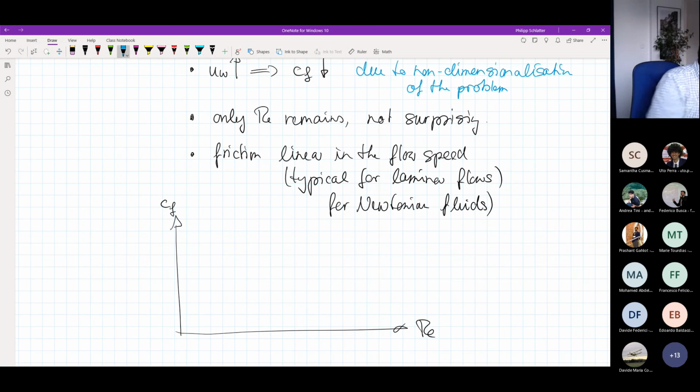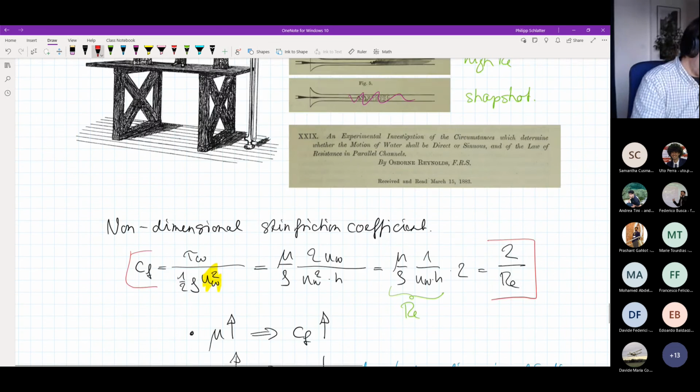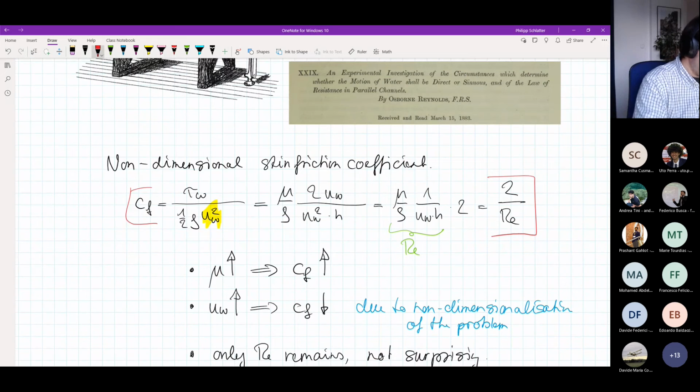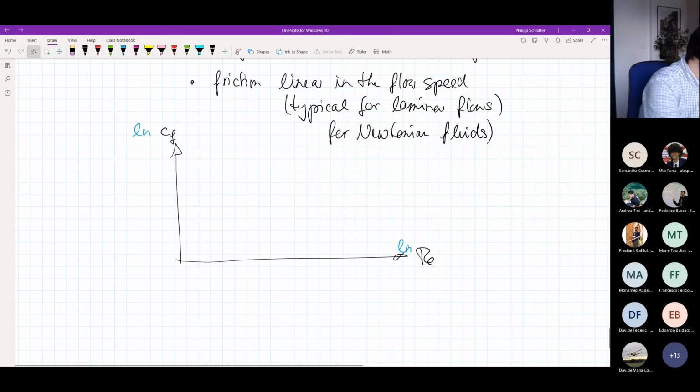Now, in order to make these plots easier to read, we typically plot them in a log-log fashion. So we put the logarithm of CF versus the logarithm of the Reynolds number. And of course, if you do that, then this shear stress relation, CF is 2 over Reynolds, becomes very easy. It just becomes a straight line.